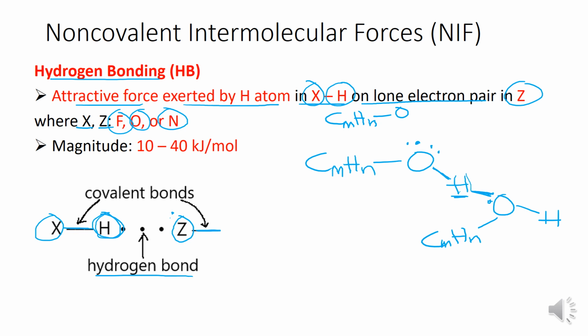So say we have here CmHn, then O, and then H. This H will be attracted to this lone electron pair. The same is true of the other lone electron pair of this oxygen. So let's say we have here another CmHn, then O, bonded to that is the H, which will be attracted to this lone electron pair. So in this case, we have 1, 2, 3.